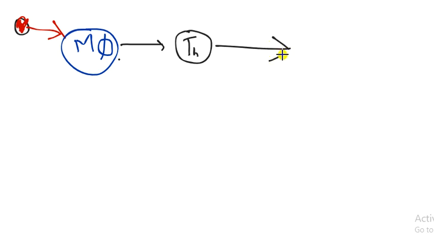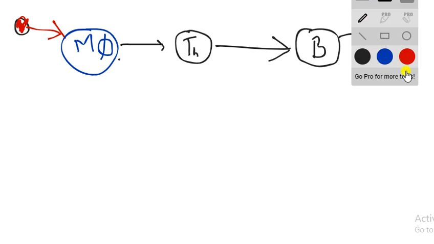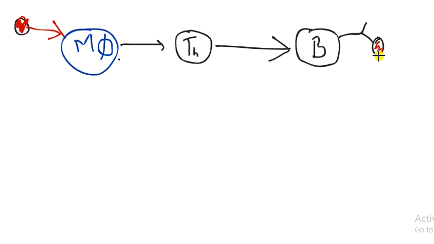The T helper cell activates the B cell, and this B cell has IgE, which will bind this antigen, and it promotes the production of plasma cell.